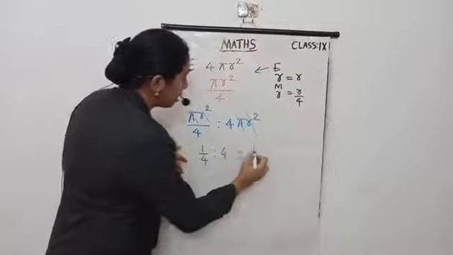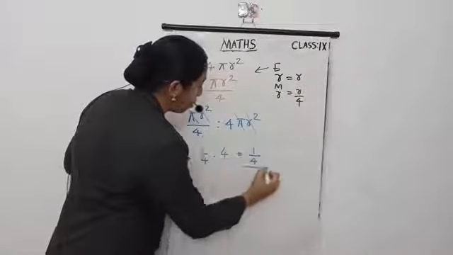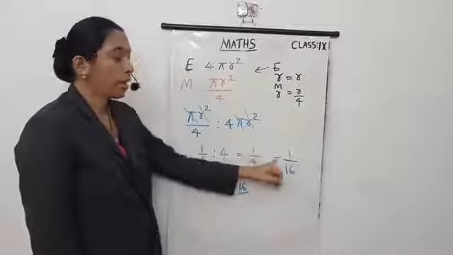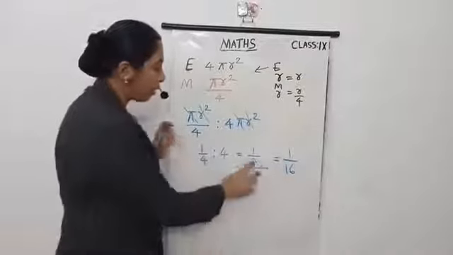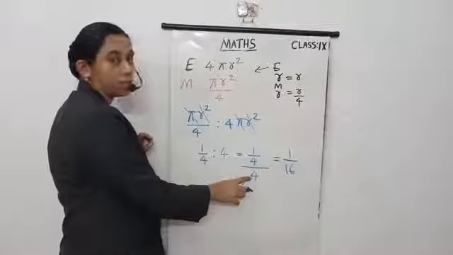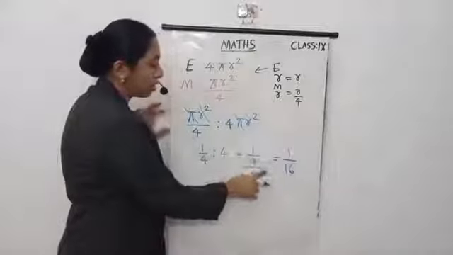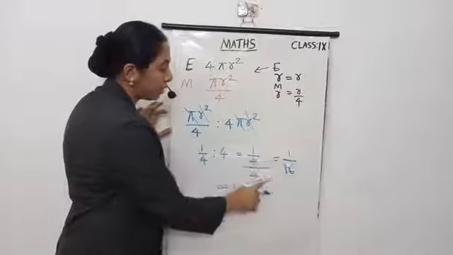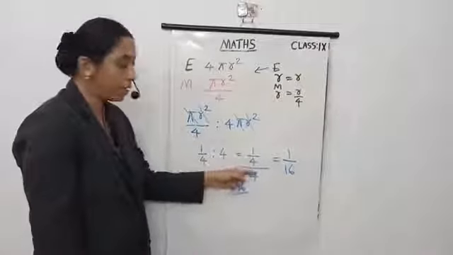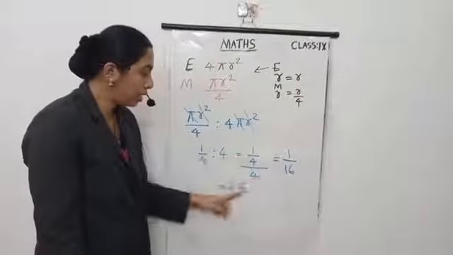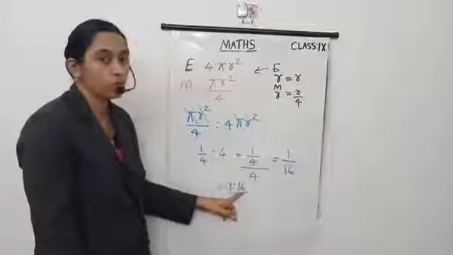This is equal to (1 by 4) by 4, equal to 1 by 16. This 1 by 4 is the numerator and this 4 is the denominator, and after calculation we get 1 by 16. You know how to solve this type of fractions. So 1 by 16, then the ratio is 1 is to 16.